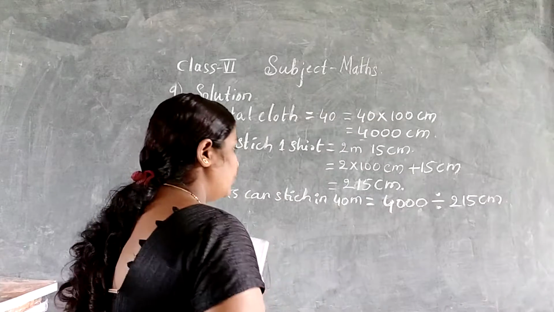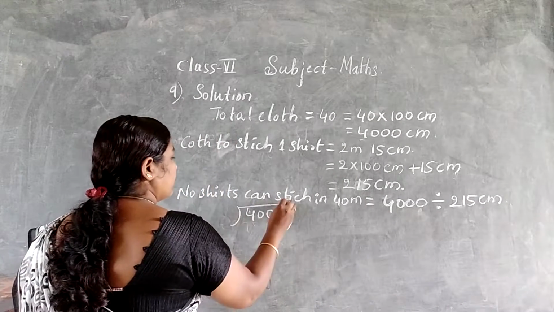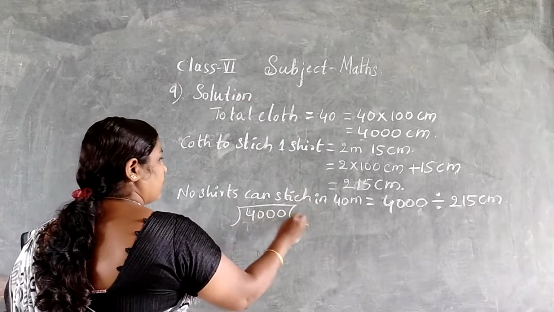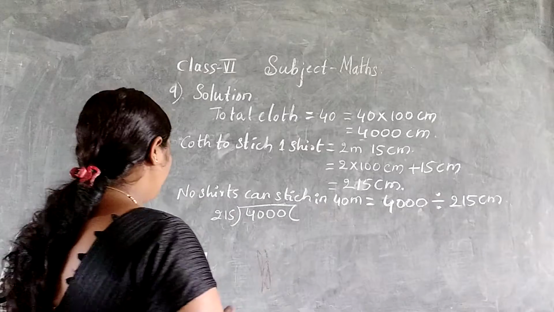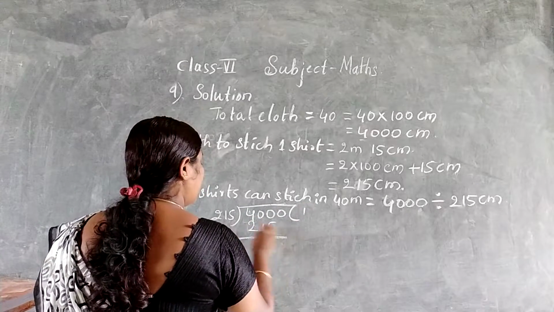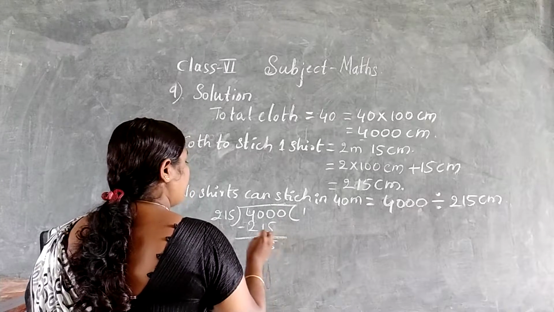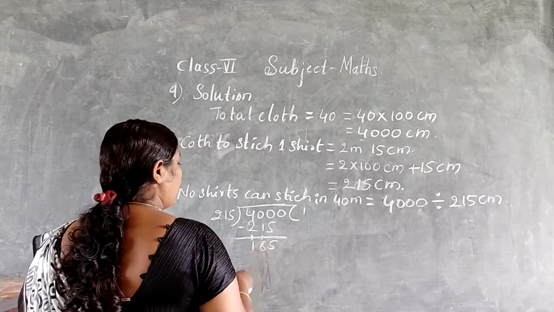So do it, 4000 and 215. 215 ones are 215. 10 minus 5, 5. 10 minus 2, 8. 4 minus 3, 1.